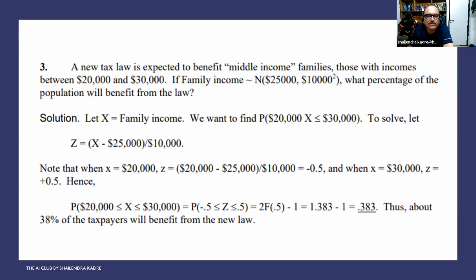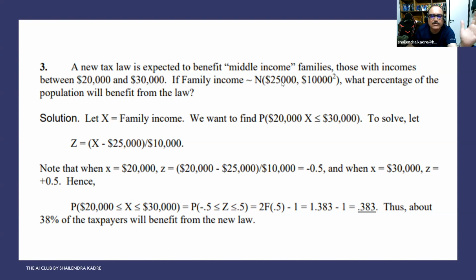That's very simple. Now X is the family income, and we need to find X between 20,000 and 30,000. So let's first find Z for the lower limit.